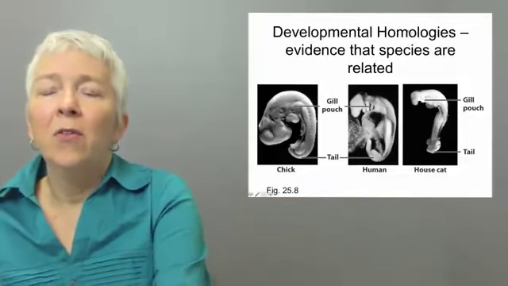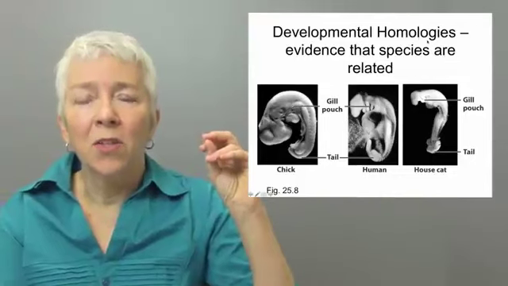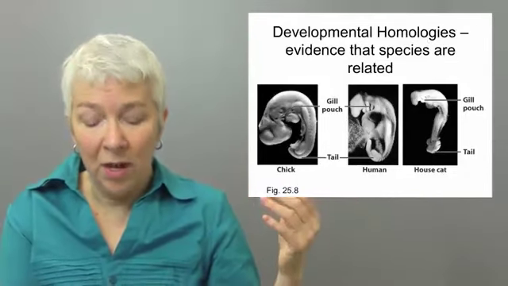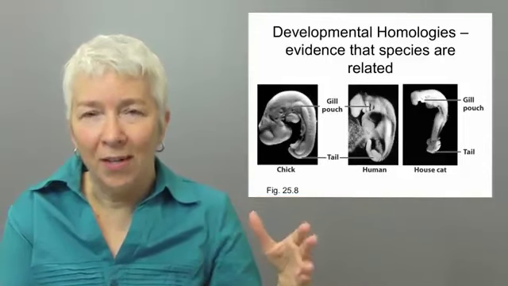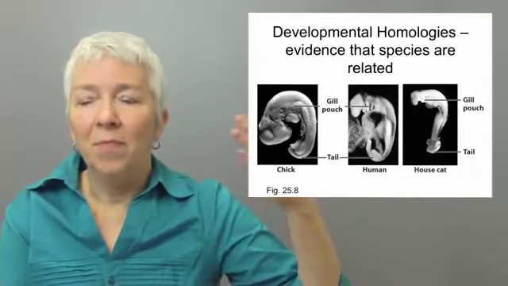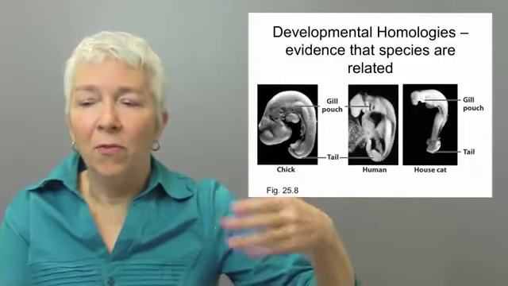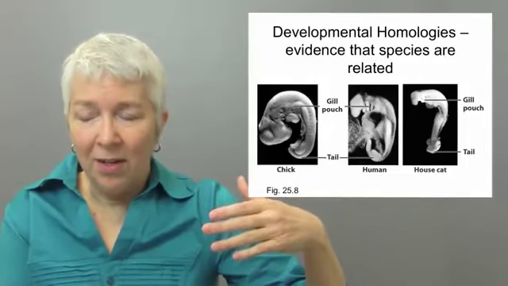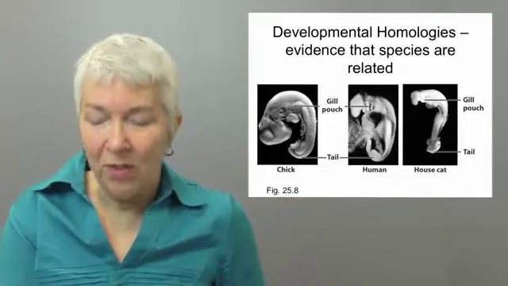And again, they're described as homologies because these are similarities that are shared between closely related species because of shared ancestry. They're derived from modifications on the same traits over time.